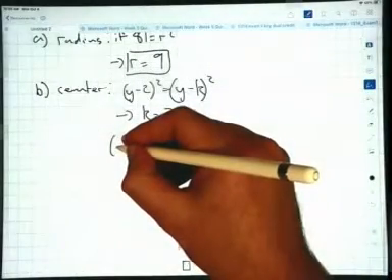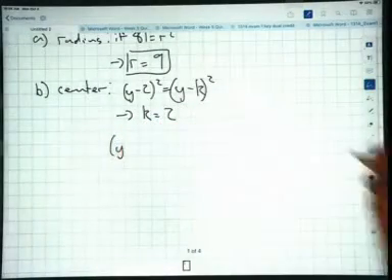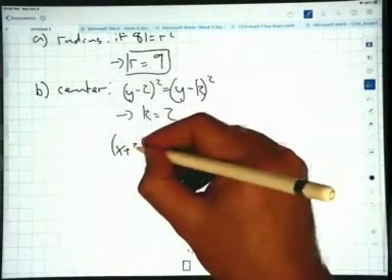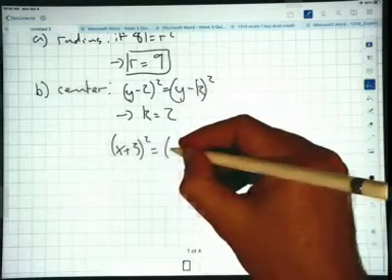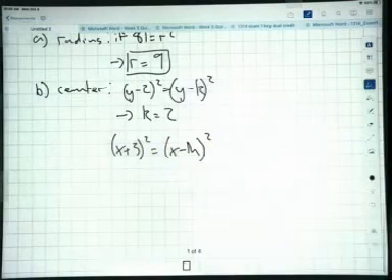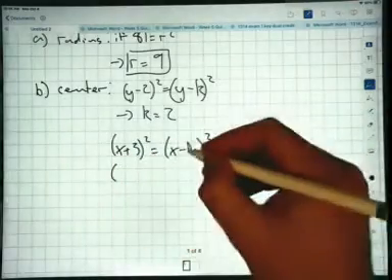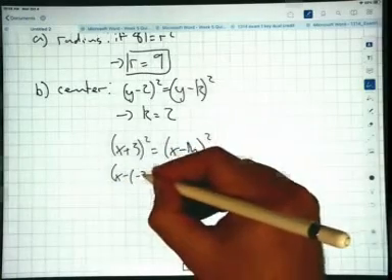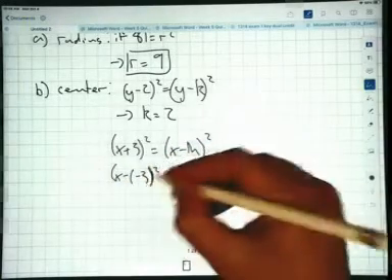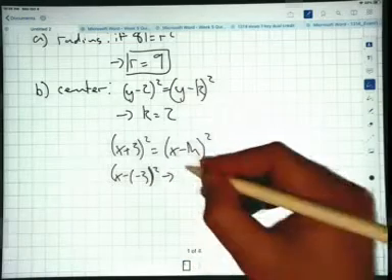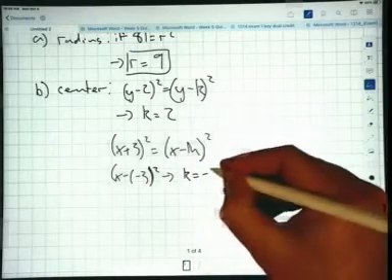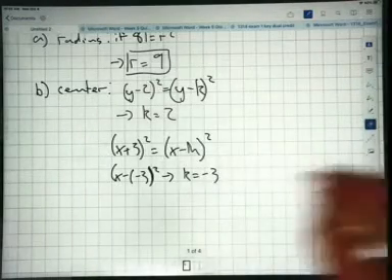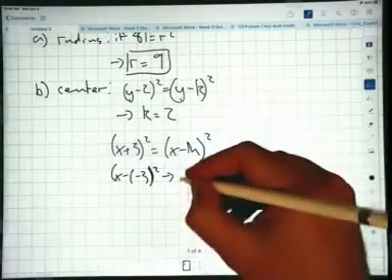Now, for the x plus 3, if that's equal to x minus h quantity squared, because I don't have that minus sign right here, I can rewrite this as x minus a negative 3, which then means that my h is equal to negative 3.